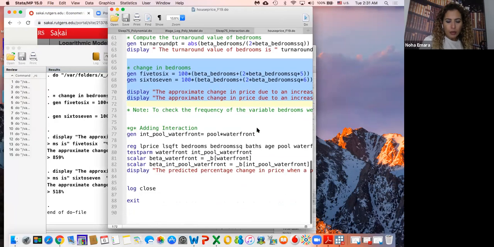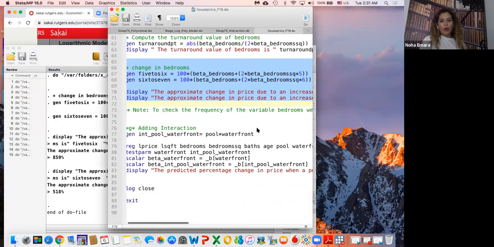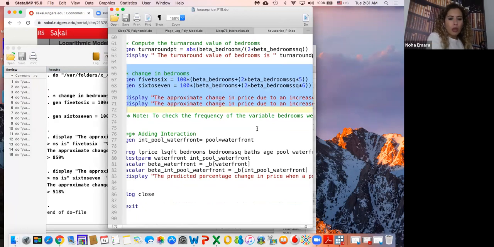What else can we discuss here? Adding interaction. What if I want to know the effect of having a pool and a waterfront together on the change in price? Like the model that I have here, let me just maximize this.